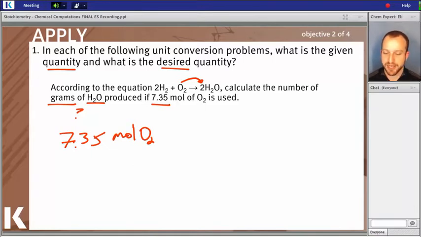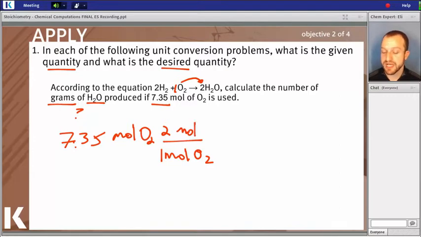So I'm converting that by multiplying it across by something that will cancel out moles of O2 and hopefully let me get closer to something in water, H2O. Well, actually, I have that. That was that 1 O2 gives me 2 H2Os. So I can multiply this 1 mole of O2 in the denominator by 2 moles of H2O in the numerator.